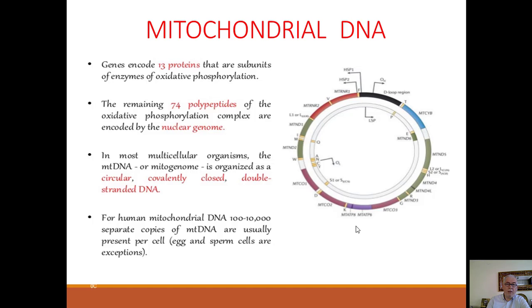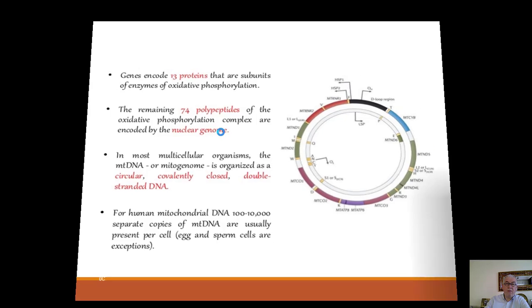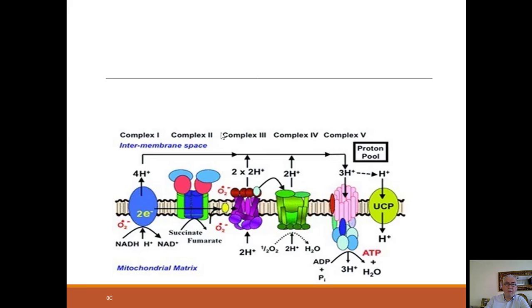In most multicellular organisms, mitochondrial DNA is a circular, covalently closed, double-stranded DNA. And the human mitochondrial number depends on cell type, cell function, or cell needs.